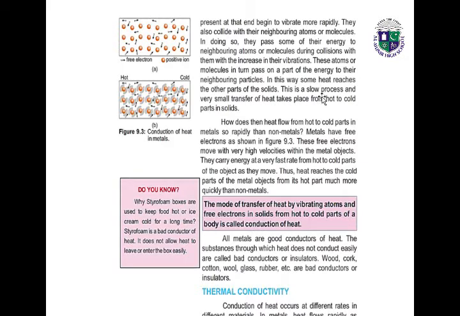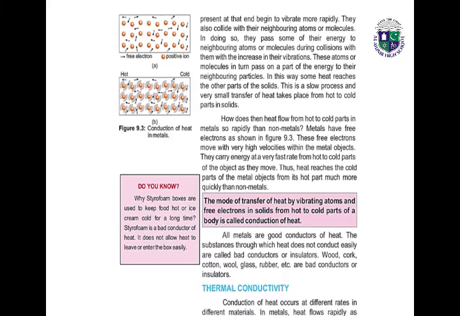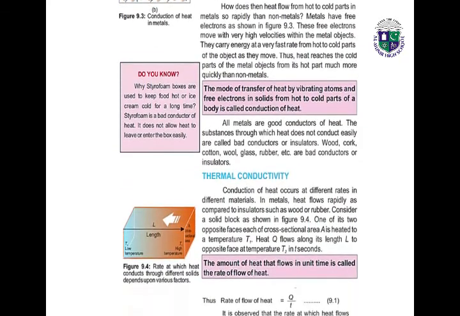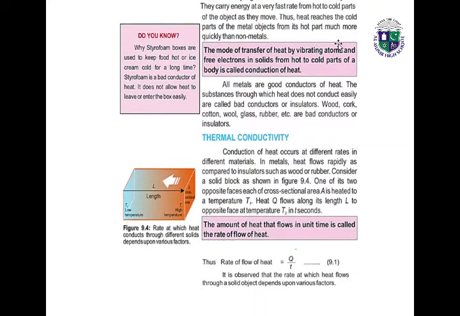This is a very slow process and very small transfer of heat takes place from hot to cold parts in solids. So students, in this paragraph he is telling you about the conduction process, that is, how conduction takes place. So we can define conduction as the mode of transfer of heat by vibrating atoms and free electrons in solids from hot to cold parts of a body.